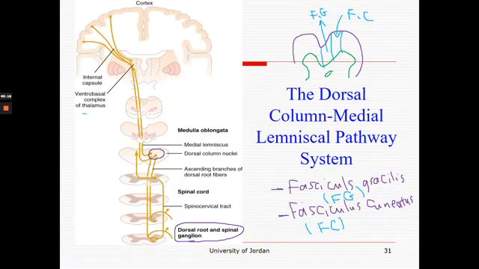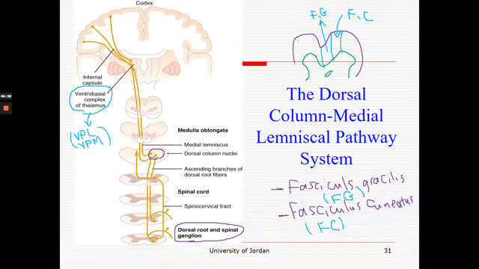In the thalamus they synapse at the ventrobasal complex. The ventrobasal complex consists of two parts, VPL, ventroposterolateral, and VPM, ventroposteromedial. This is called the ventrobasal complex.